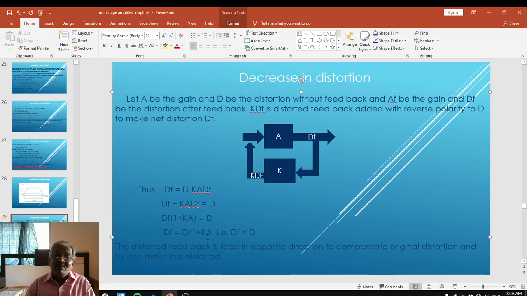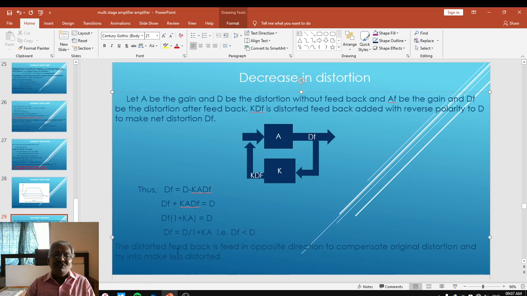So the denominator is more, and that's why the value of DF is less. Thus we can say DF is less than D, the distortion after feedback is less than the distortion before feedback.